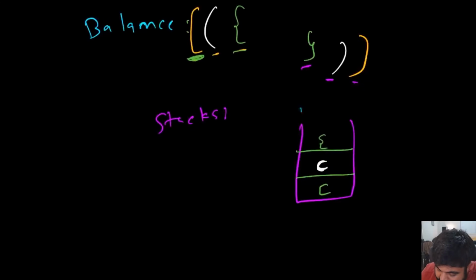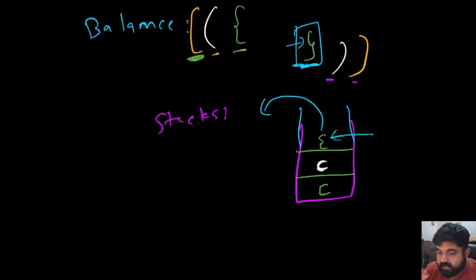Next, we decide to start closing out the brackets. The moment we close a bracket, we can check that this is a closing bracket. We can pop one value out and compare that we are closing the same bracket that was opened last, because brackets have to be closed in the reverse order. So the last bracket that was opened would be the first bracket that we are going to close.